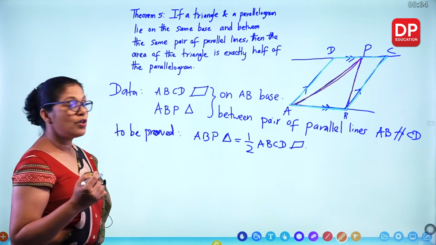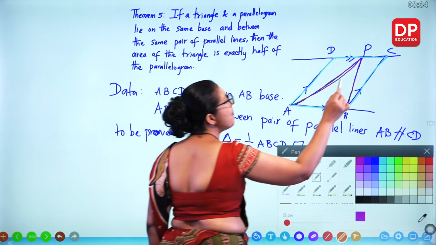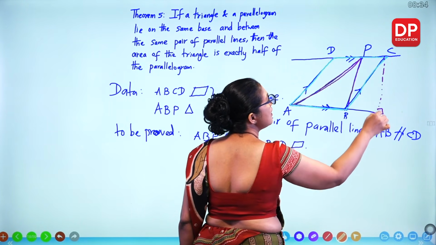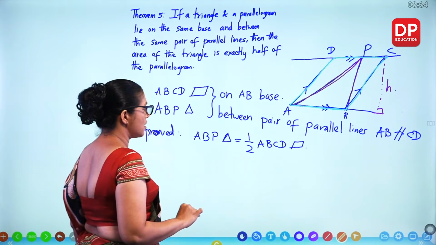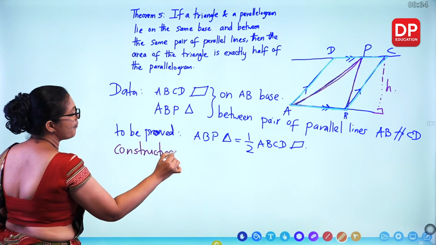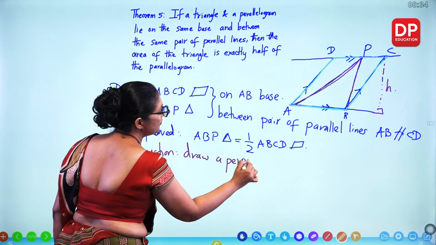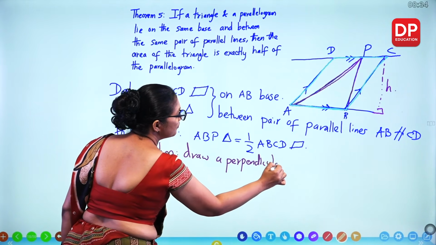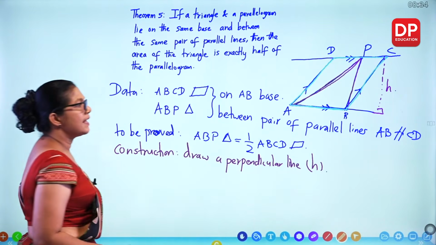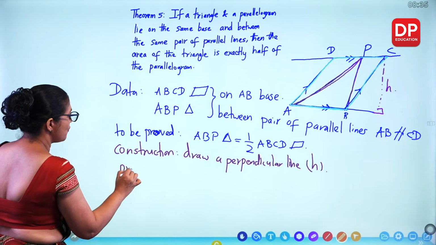Now we need to draw a line there, a construction. I want to draw the perpendicular height here as H. So what's the construction I'm going to do? Draw a perpendicular line with length H. Now we'll try to prove that.